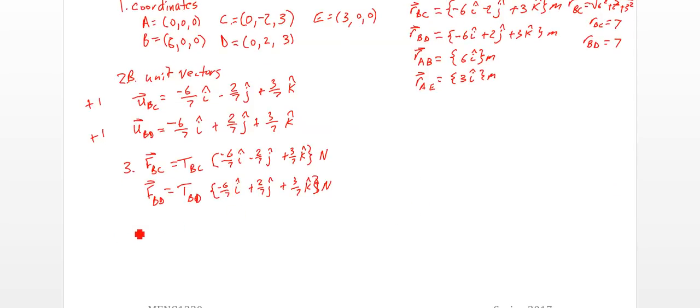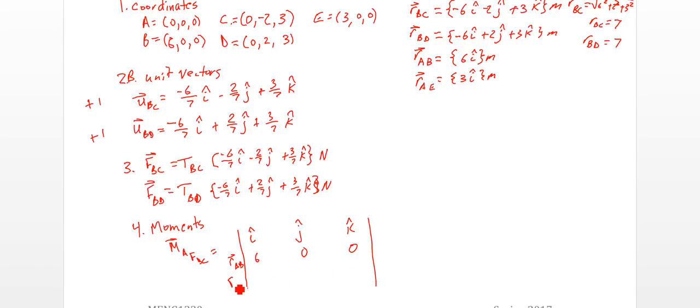All right, so let's start with the moment from BC. I might be able to squeeze this in at the bottom of this page, or I might have to slide over to the other half. So the moment around A due to force BC equals, where's our cross product? i, j, k. Our position vector is where RAB comes in: 6, 0, 0.